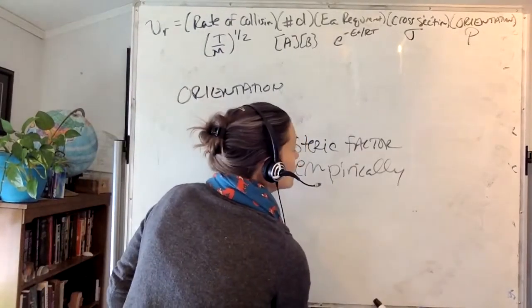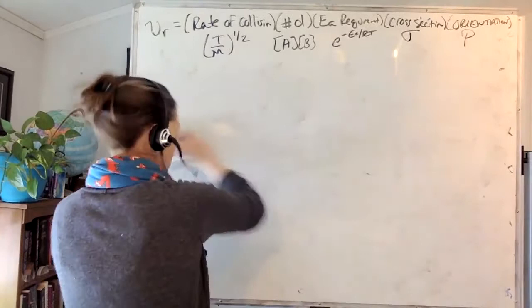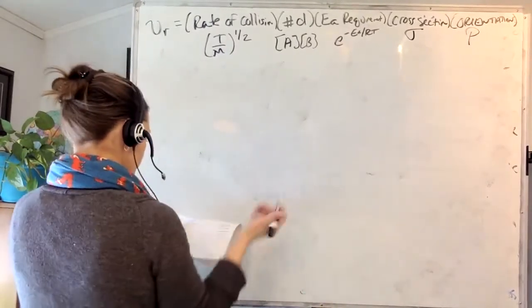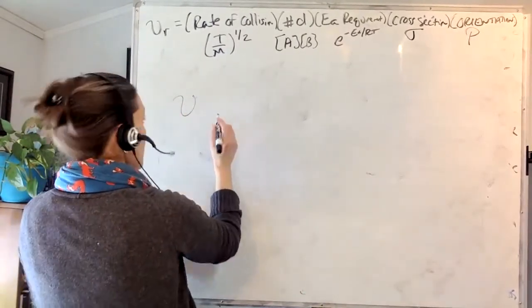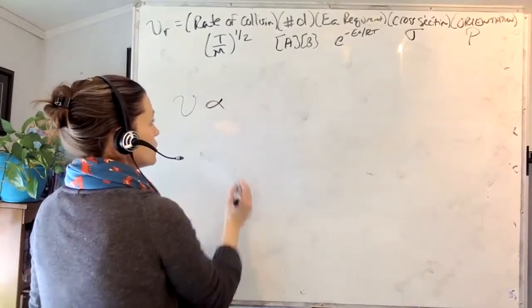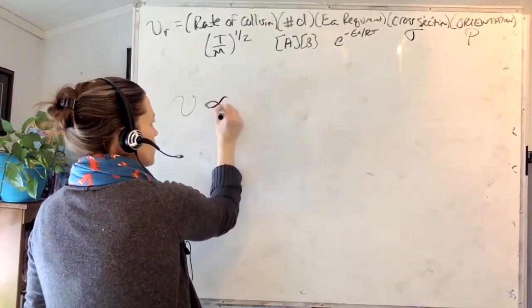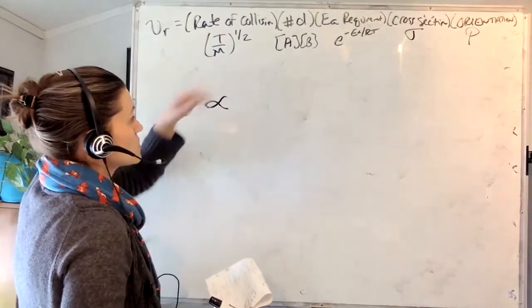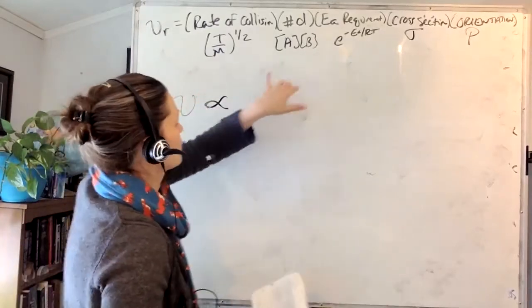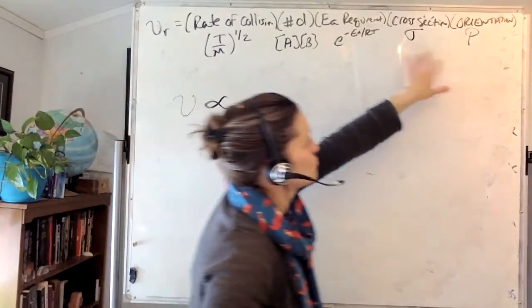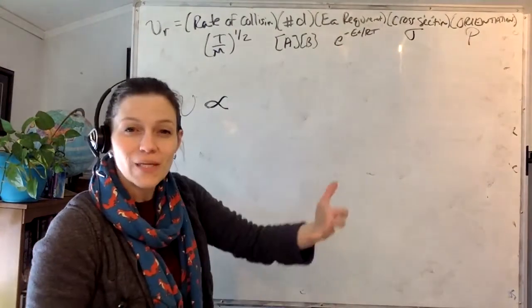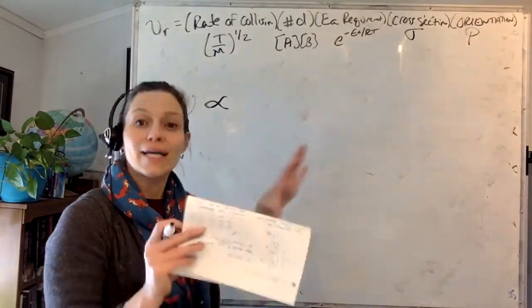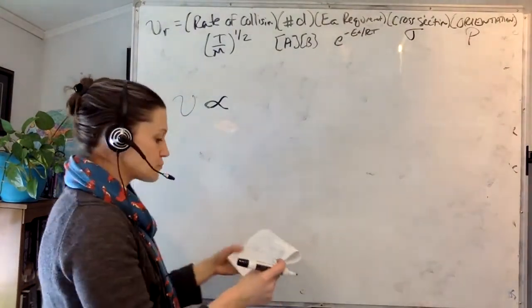So that we have the reaction rate, and I'm going to put is proportional to, because I don't want to put equals, because each of these is kind of proportional to, because there might be an additional factor that you need, again, specific to that type of reaction.